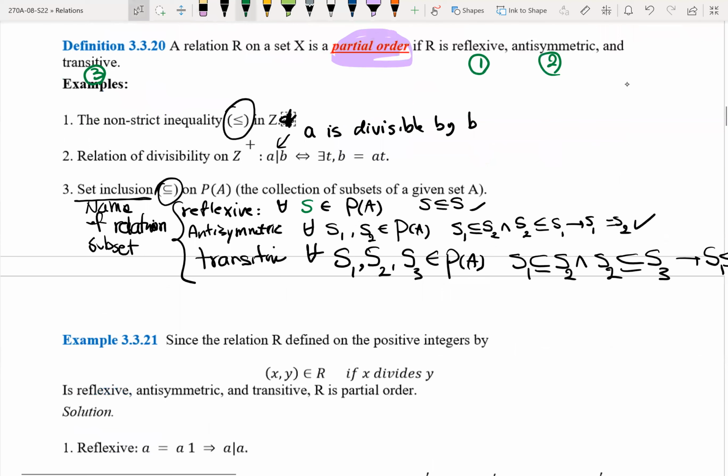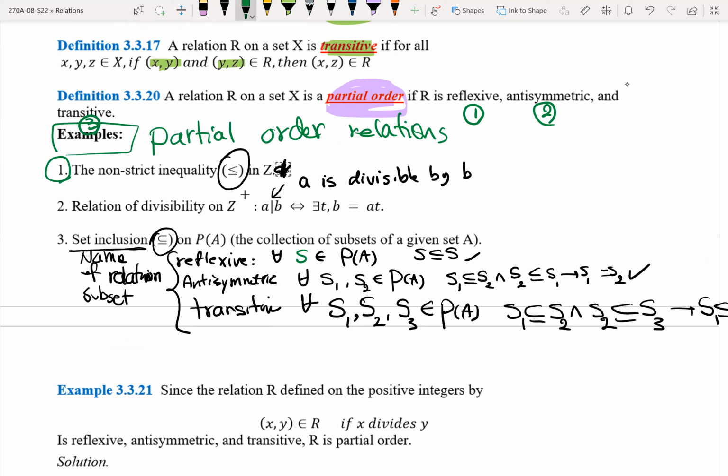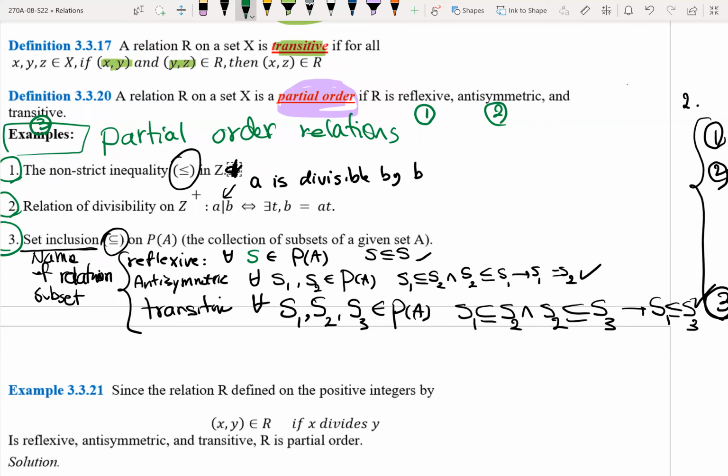Yeah, I just feel like it's not worded really as a question. No, there's nothing worded over here, unfortunately. It says, these are the examples for partial orders. So this is the list of examples for partial order relations, okay? I was asking you a question, that's why I was wondering. So that's just giving examples: example number one, example number two, example number three. So this is the list of the ones that we already know are partial orders.